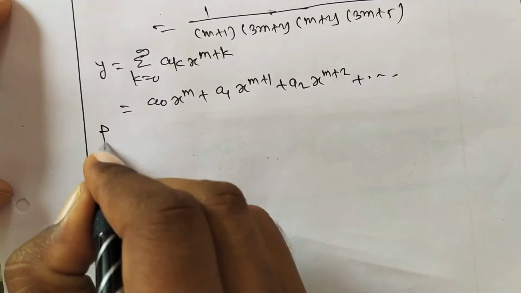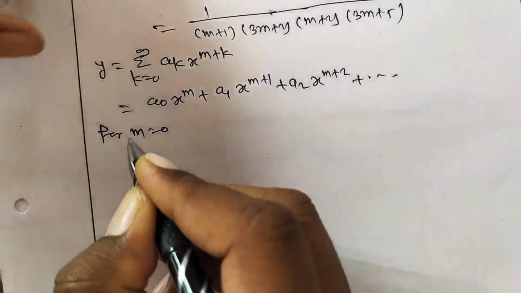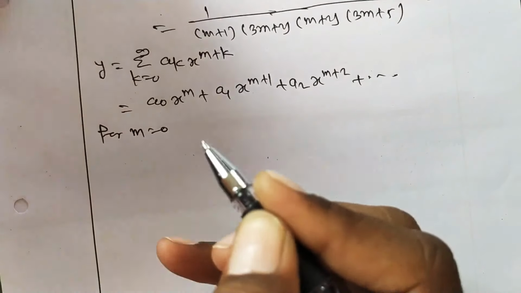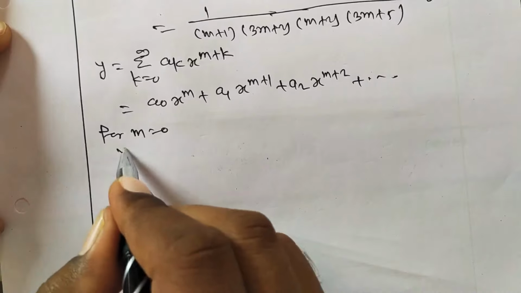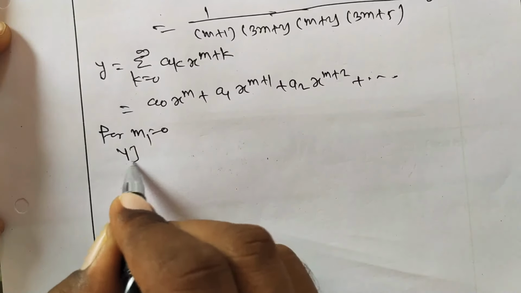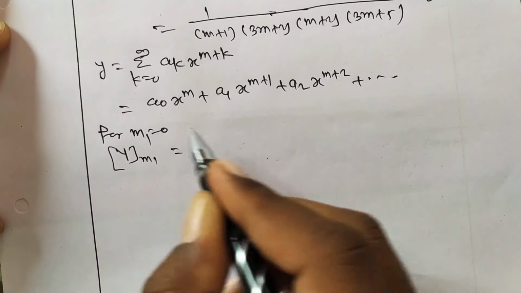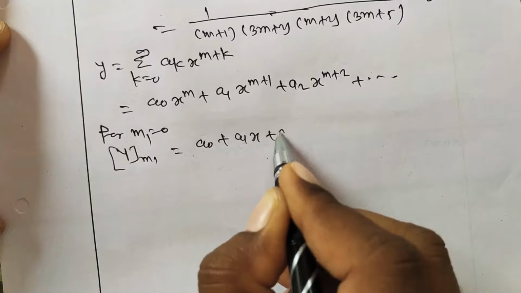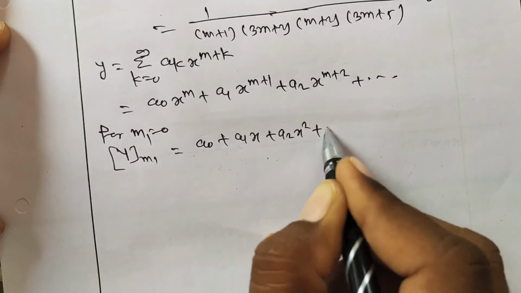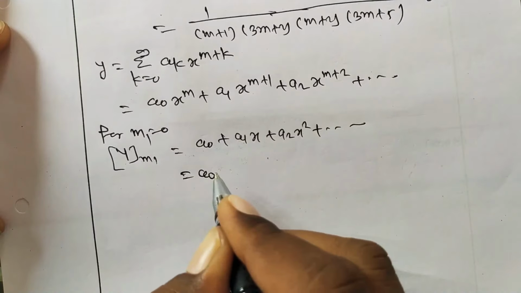Now for m we got two values, m equal to 0 and m equal to 1 by 3. So first we will find the solution for m equal to 0, meaning y at m1 equal to 0 is a0 plus a1 x plus a2 x square plus so on. Now keep a0 as it is. Now what is the value of a1?